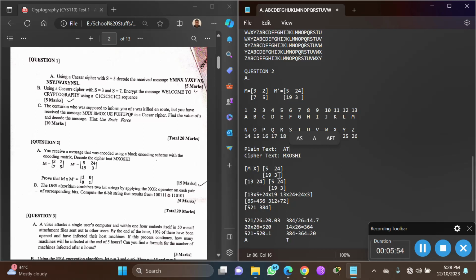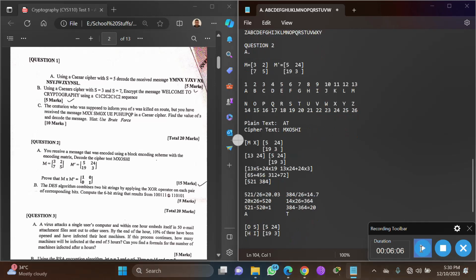So now let's try to decrypt these four letters at once, because it's a block cipher. We can decide how many letters we want. So let's do that. Okay, so this is how you arrange the order. Since we had O S H I, the order will be O S H I like that, and our decrypting matrix. So remember, again, it's row by column.